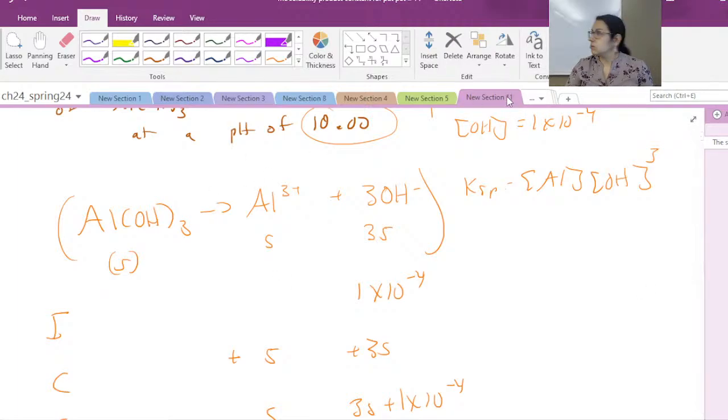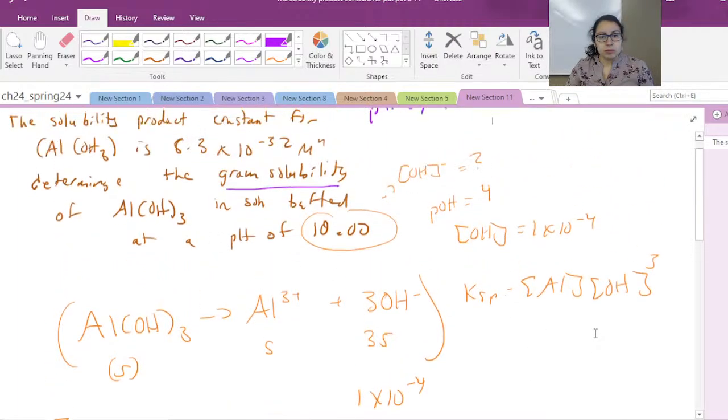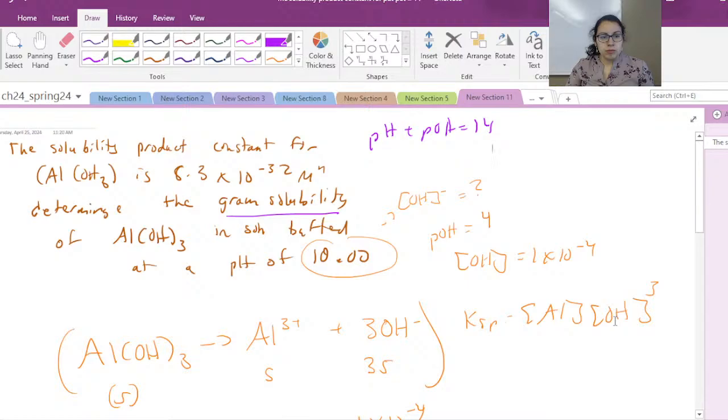What happens if we have an acidic pH and the hydrogen cancels out the OHs? We probably wouldn't do that, because then you'd have to calculate how much would be consumed, how much hydroxide the acid would neutralize.